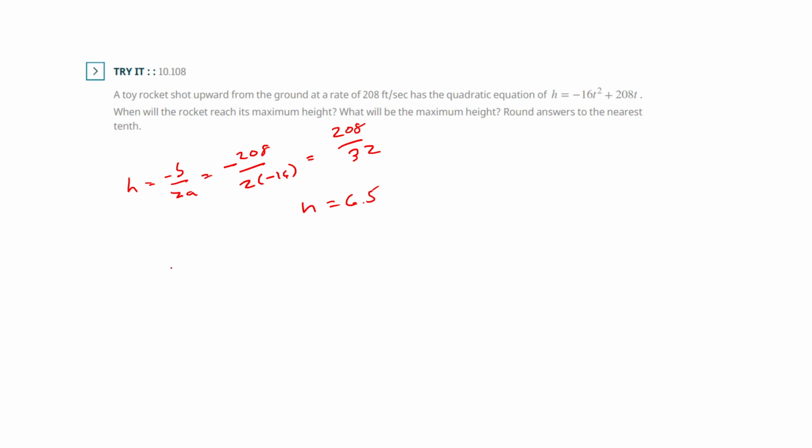Now to find the k part of the vertex, we're plugging it back in. Okay, got to crunch this.